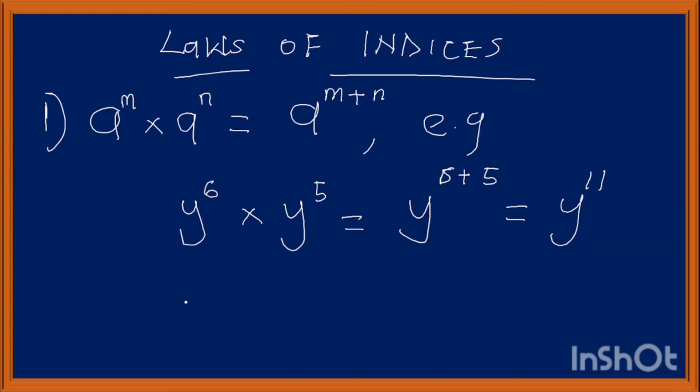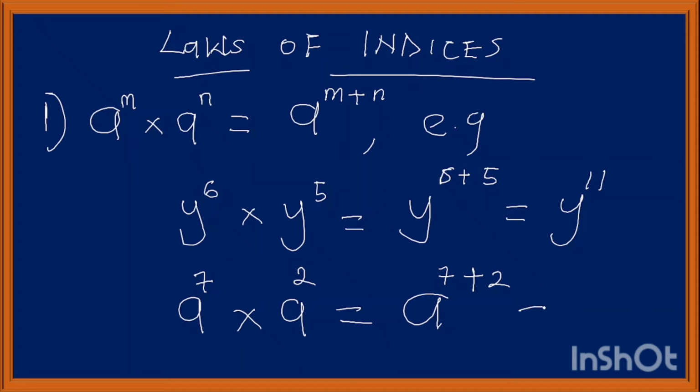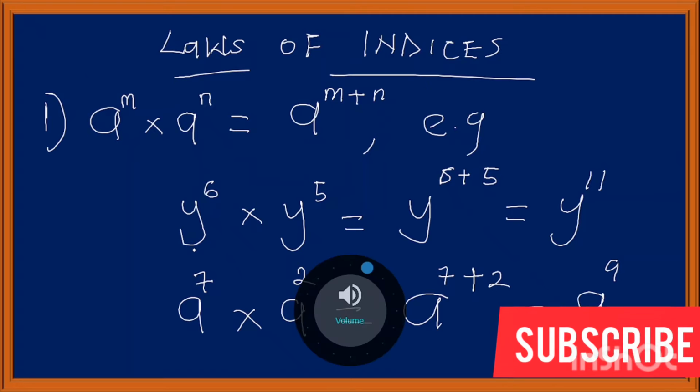If I also have, say, a raised to power 7 multiplied by a raised to power 2, it's the same thing as retaining the base a and then add the power 7 plus 2, which is equal to a raised to power 9. So that is what the multiplication rule is stating. Retain the base and add the power. As simple as that. Let's go to the next one.